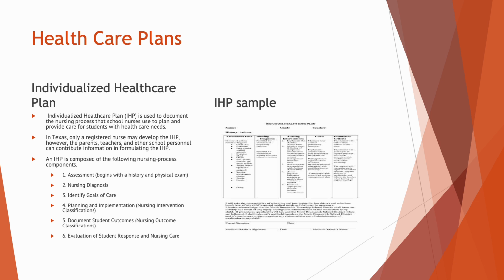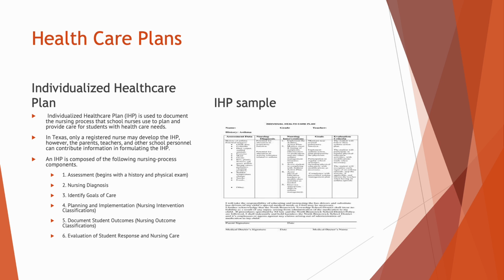This document is used to document the nursing process that school nurses use to plan and provide care for students with chronic health care needs. In Texas, only a registered nurse may develop the IHP. However, the parents, teachers, and other school personnel can contribute information in formulating the IHP.